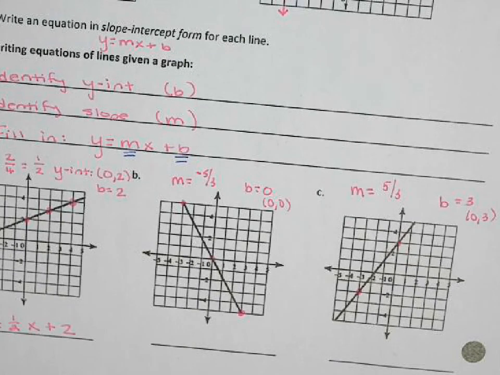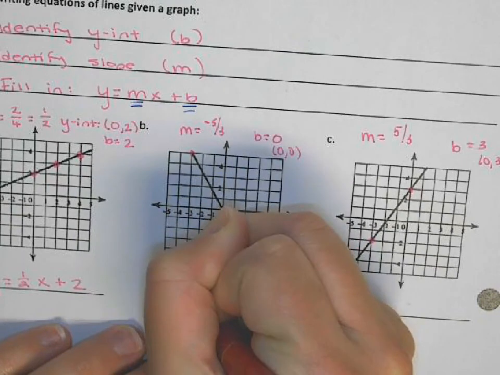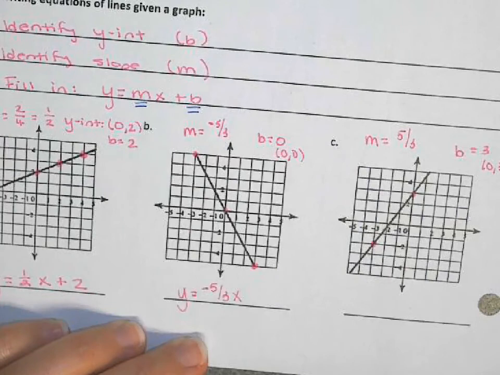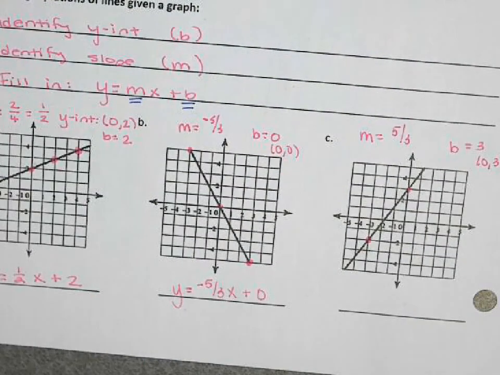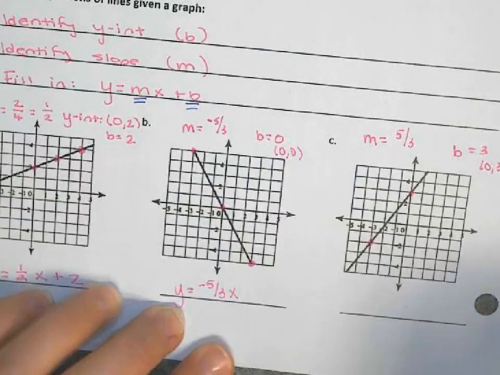Okay, so now that we have those two things, that's the hard part. That's the identifying. But once you have those, the rest of it should be easy. Your m goes here, -5/3 x plus 0. Do you have to write plus 0? No, you don't have to. So you can just leave it as -5/3 x.